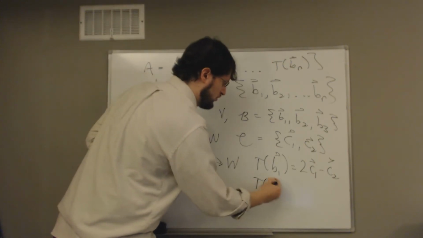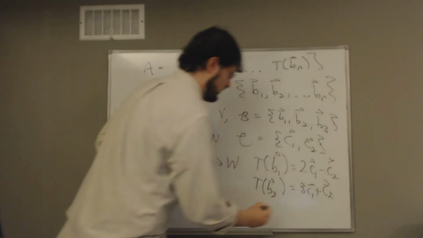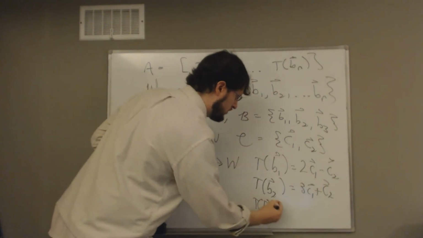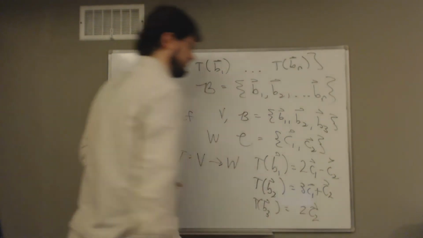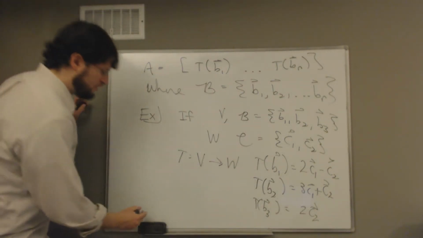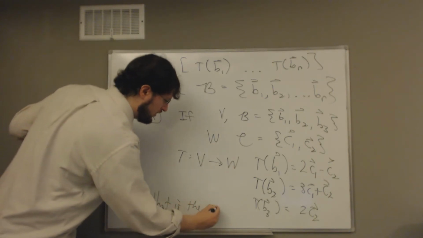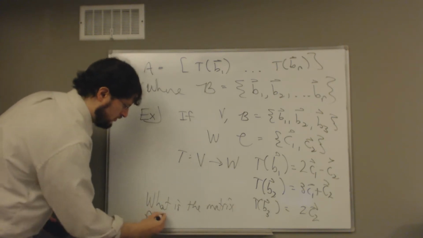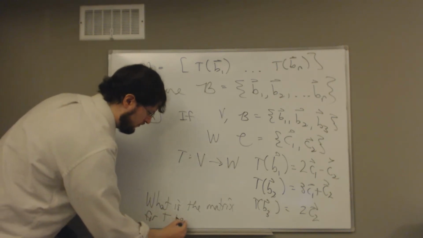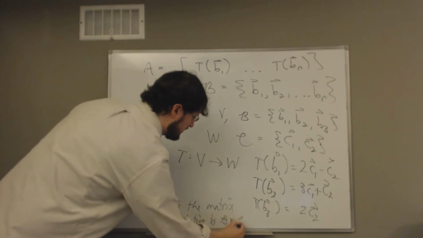T of B2 is 3C1 plus C2, and T of B3 is 2C2. Our question is, what is the matrix for T relative to B and C?